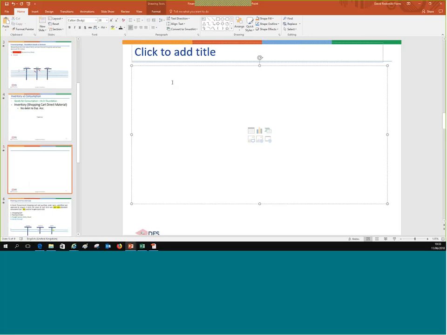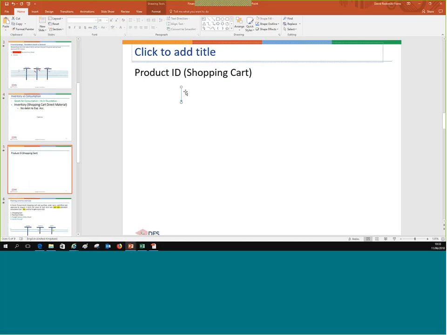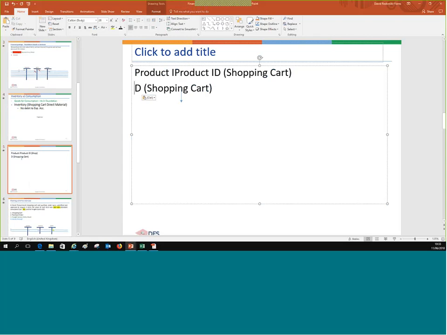So now you will have, let's say, the product ID that is in the shopping cart. And now this product ID has, as you know, something that is called product category, right?